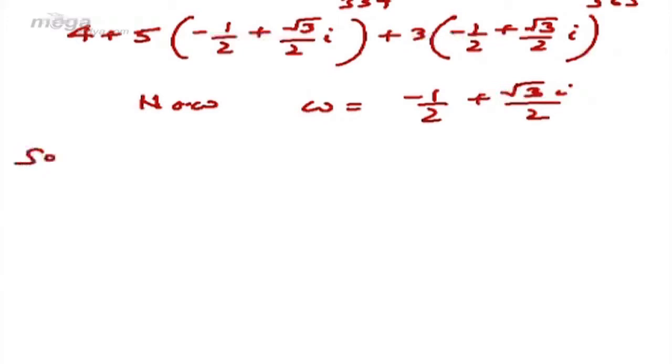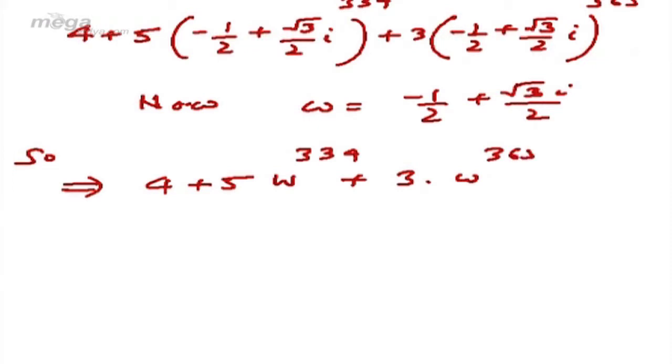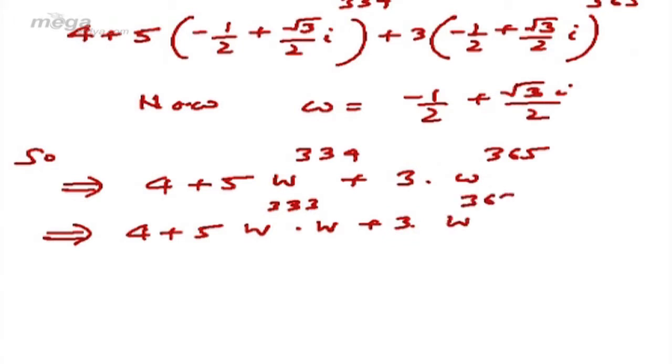So the given expression can be written as 4 plus 5 omega to the power 334 plus 3 omega to the power 365. Now this can be written as 4 plus 5 omega to the power 333 into omega plus 3 into omega to the power 363 into omega square.